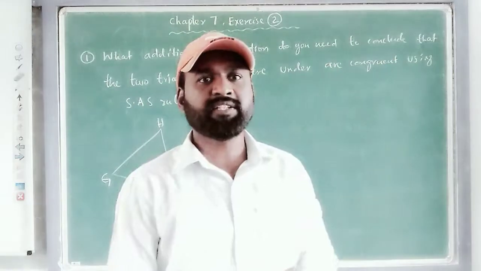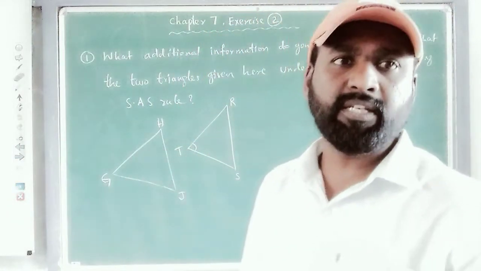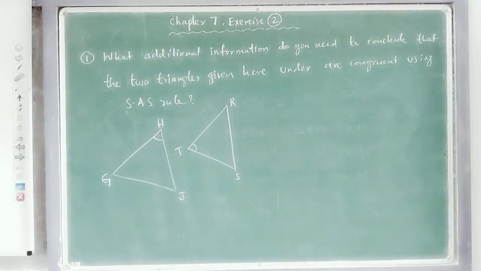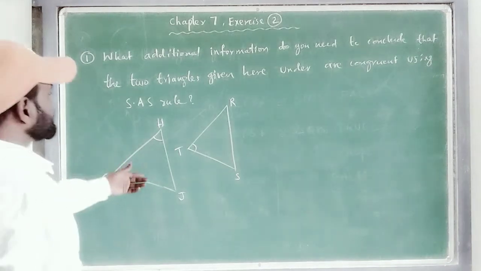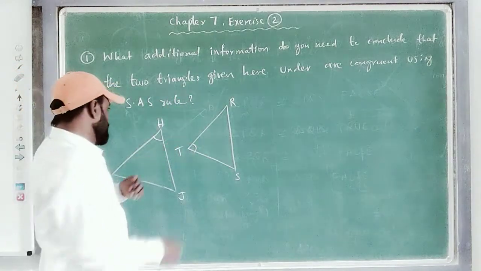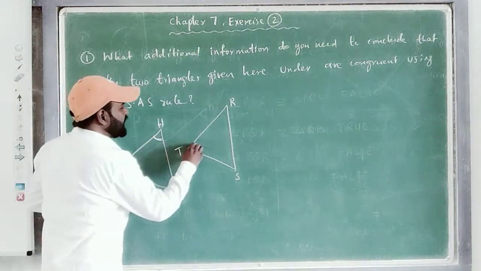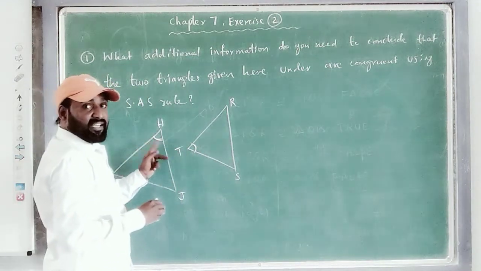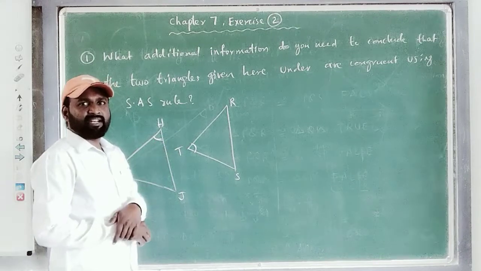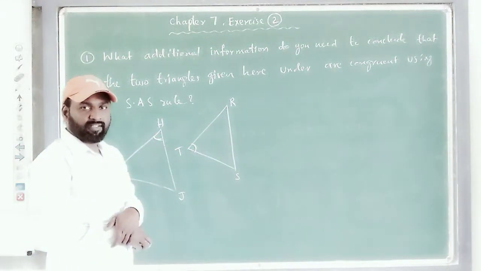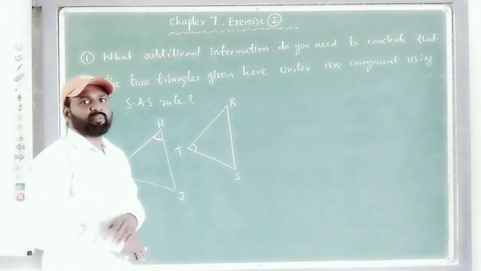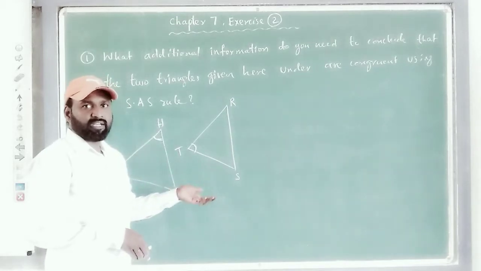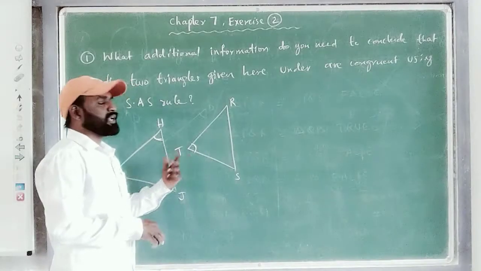See in these figures, we have the angle H, and in this the angle T, both given, but only with one angle we cannot show these two triangles are congruent. So some extra information we require.